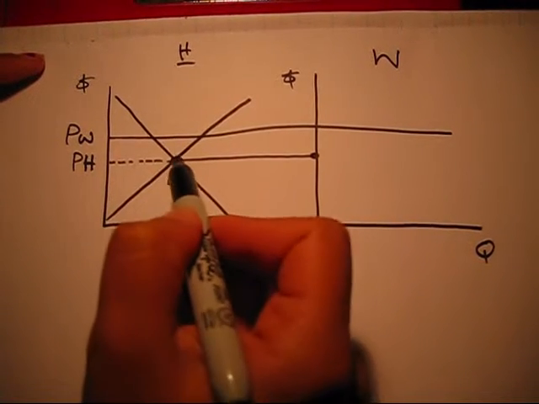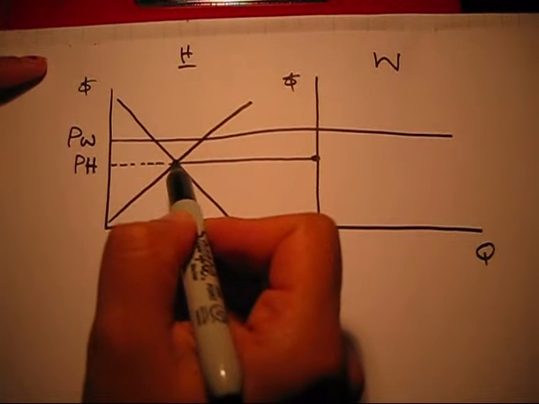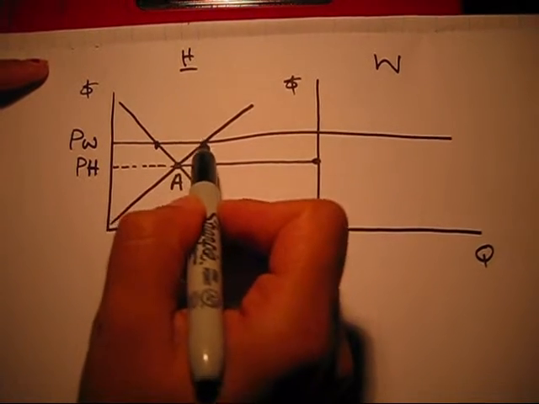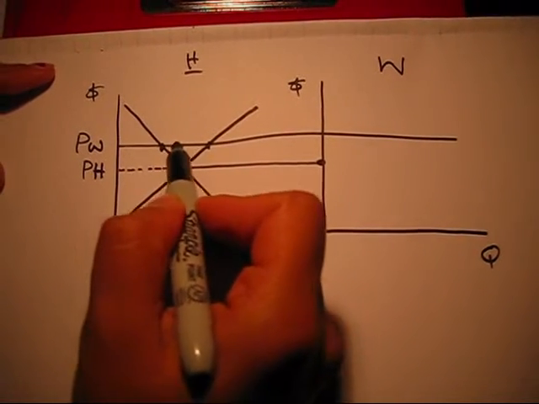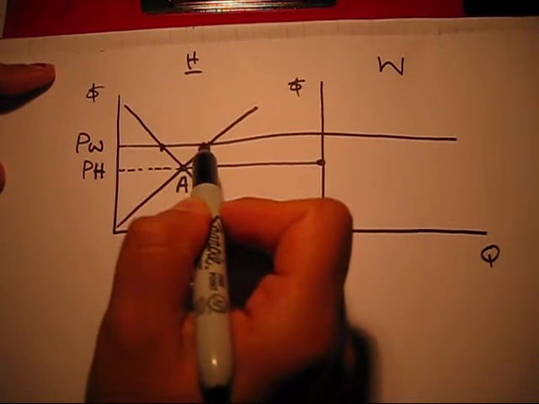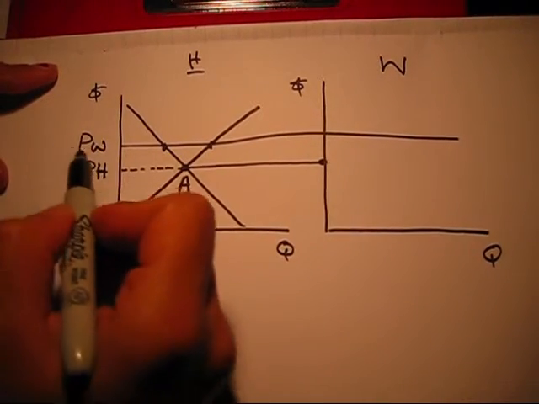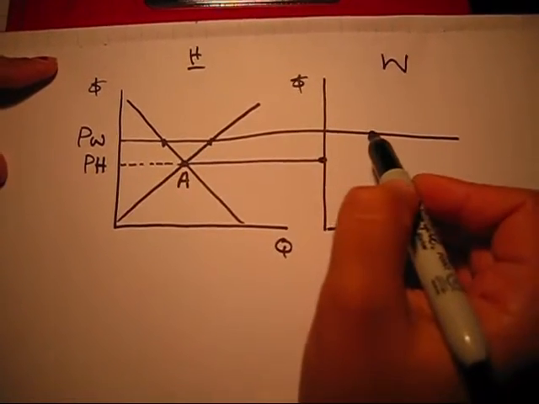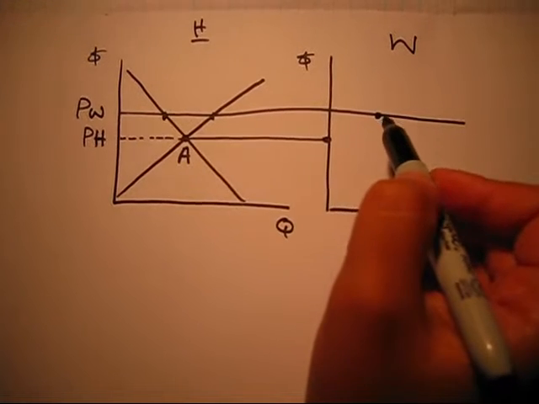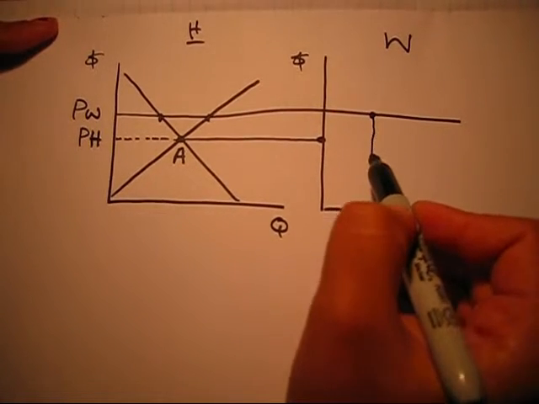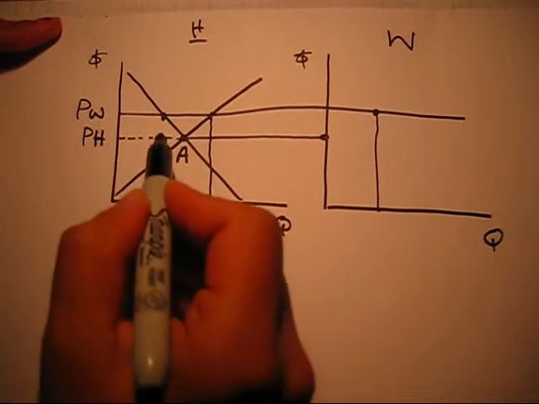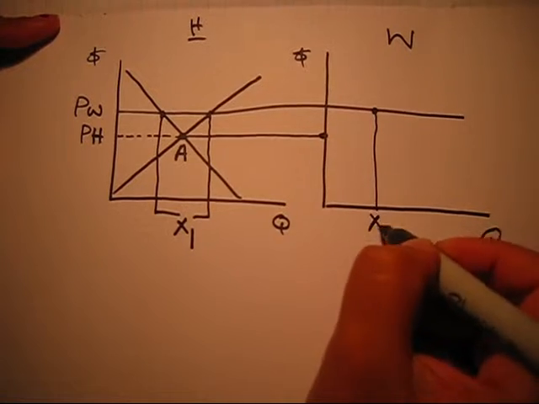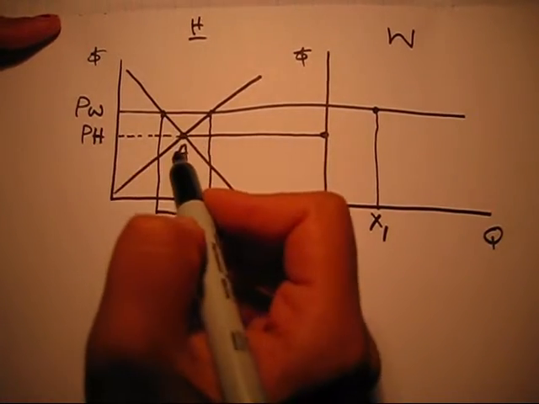So this is the home country's equilibrium. Anything above this price, this is demand, this is supply, this is the extra quantity of goods produced within the country. This would be exported to foreign at price PW, which is higher than the home price. So this quantity is the foreign export. I call this X1. This is the same distance as this distance.